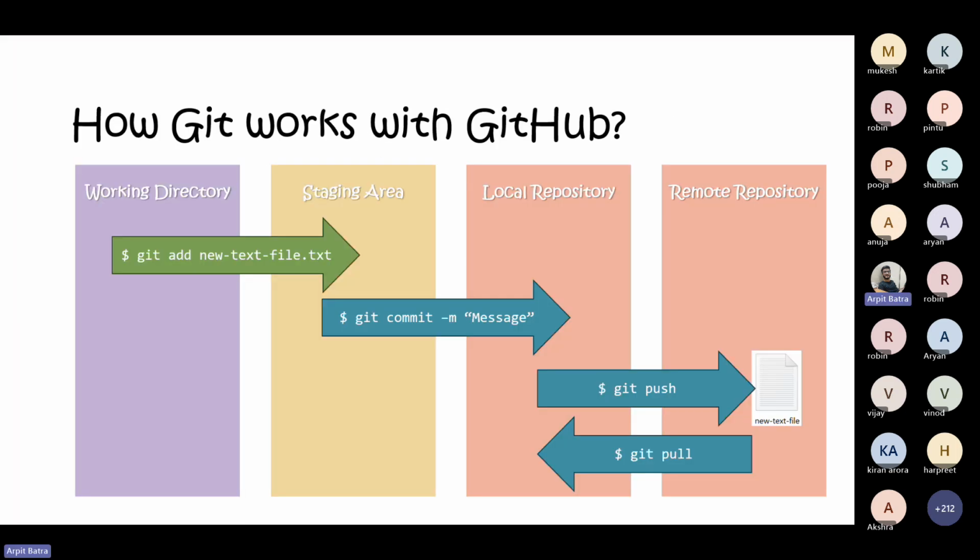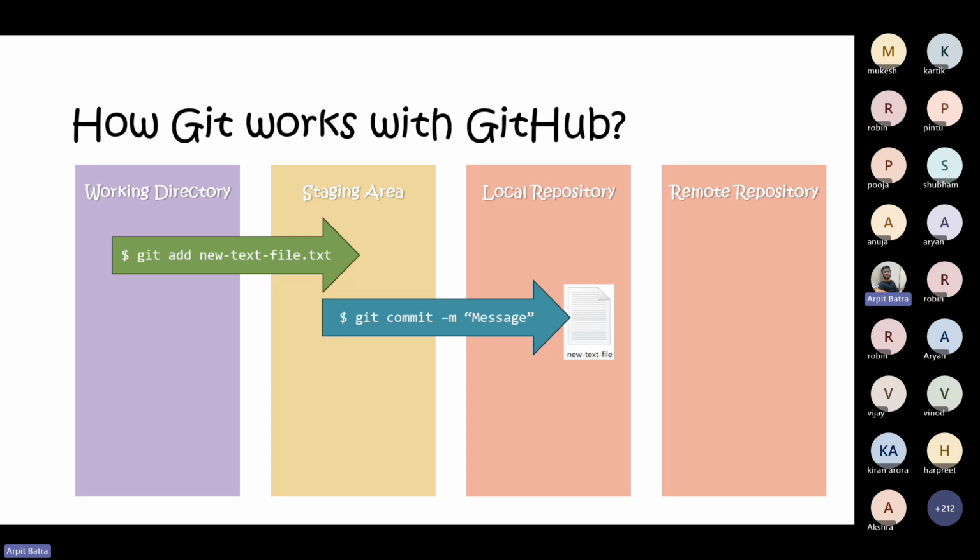As you can see in the slide, how Git works with GitHub is shown below. The first one is the working directory. Now we have the staging area. Then we have the local repository, and the last one is the remote repository.